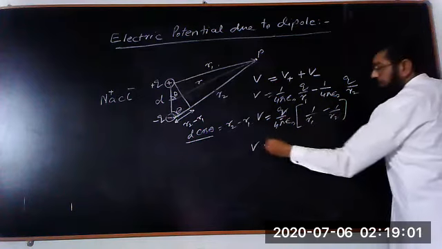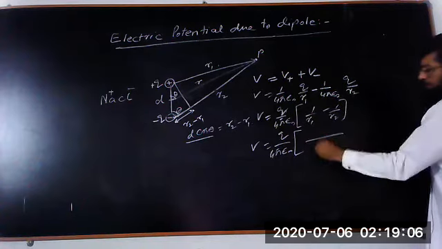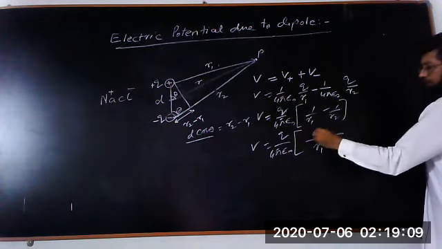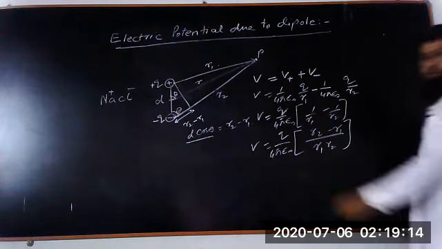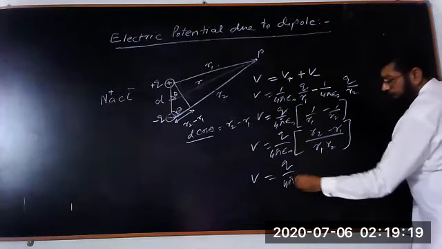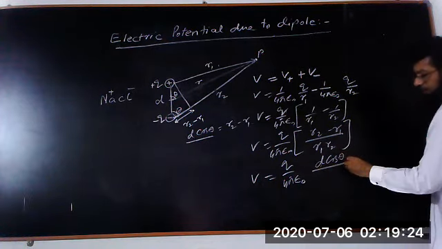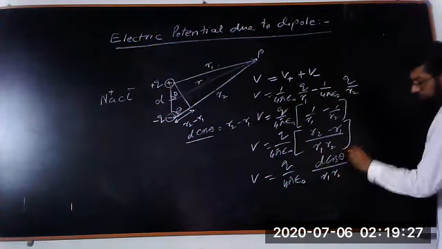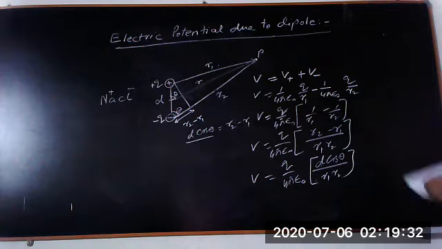So this can be written as Q upon 4 pi epsilon naught times R2 minus R1 over R1 R2. This R2 minus R1 is equal to d cos of angle theta, so this is the potential at point P due to the positive and negative charges.